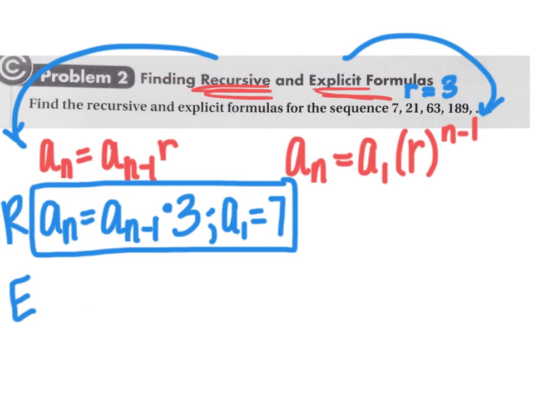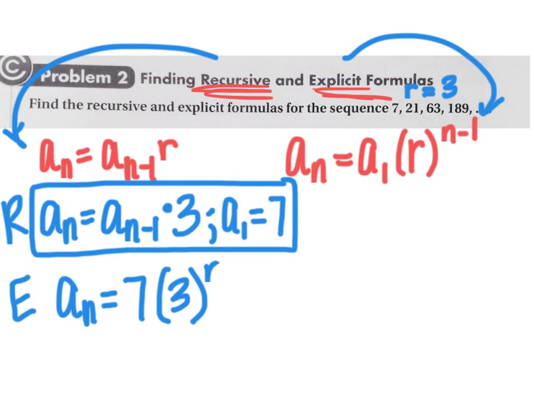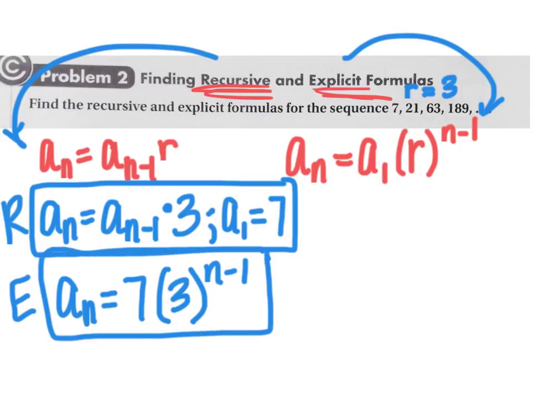So it'll be, how about I use my pen? A sub N equals, the first term is 7. The common ratio goes here, and that's 3. And then they haven't asked me for a term, so N gets to stay N. So we're going to say N minus 1. Okay? And that's your explicit formula.